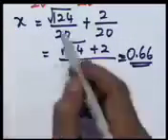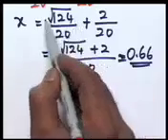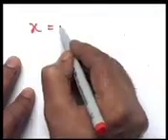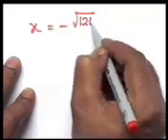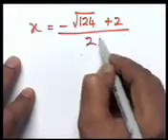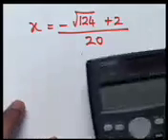Now we use the same method again, but we take a minus there. So we get x equals, maybe we'll do it on the next page here. x equals minus root 124. Of course, it will be plus 2 on top, divided by 20. Once again, we use the calculator.